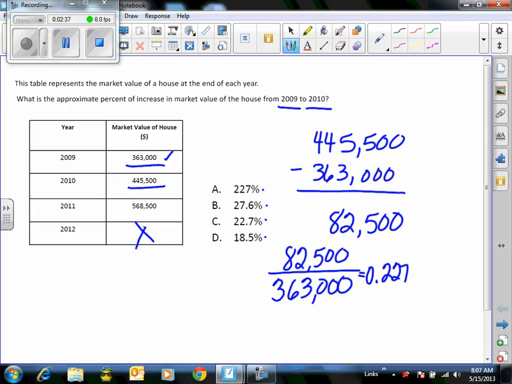That means I multiply that number by 100, and I get an answer of 22.7%. And take a look. That's exactly right there. There's nothing else really close to it. So if you're not exactly sure about rounding, you should be okay with that.